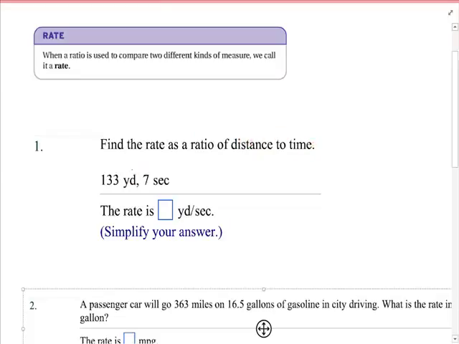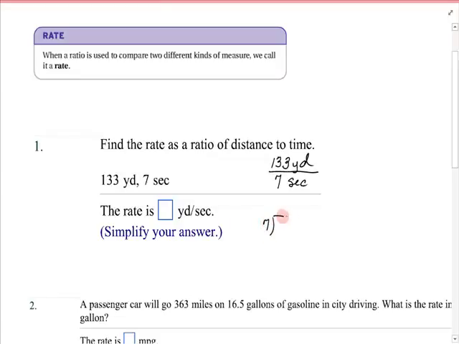All right, distance is 133 yards compared to time, 7 seconds. Now it says to simplify your answer, and I think you're going to find in this lesson that most of the time the denominator goes into the numerator evenly.